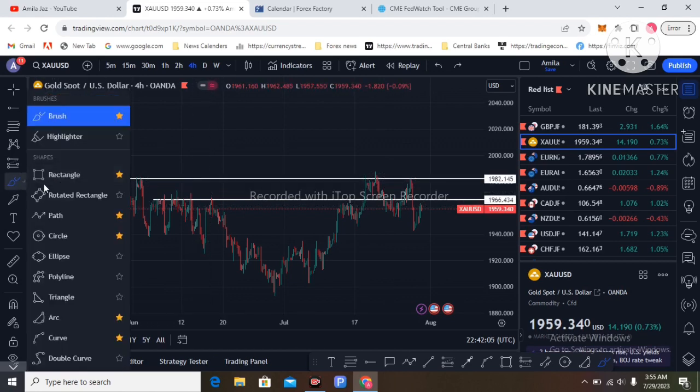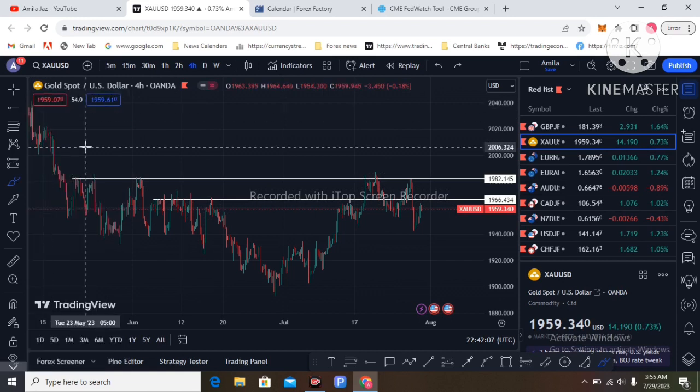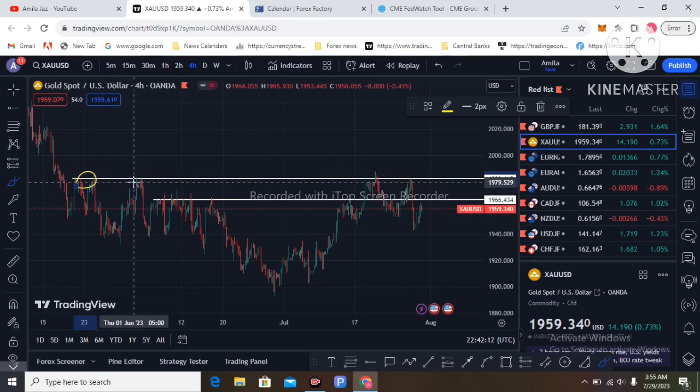At the 1982 level there are several strong resistances: this is the first one, then the second one, then the third one, and the last one was last week.